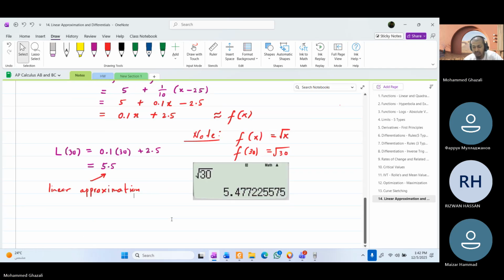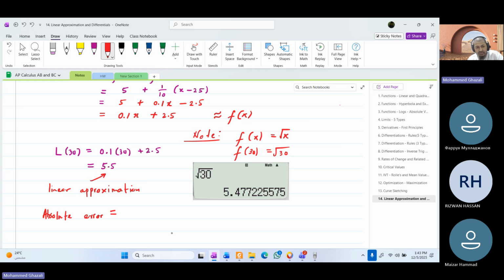Okay. Now, next thing is to figure out what the errors are. So what's an absolute error? The absolute error is the actual minus the 5.5.